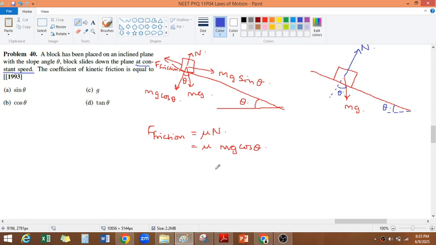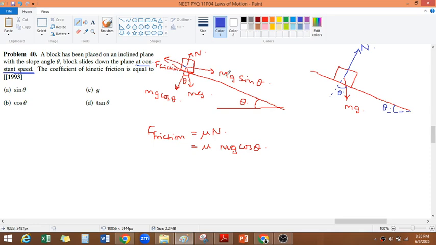So acceleration is equal to 0. Sir, acceleration is 0.